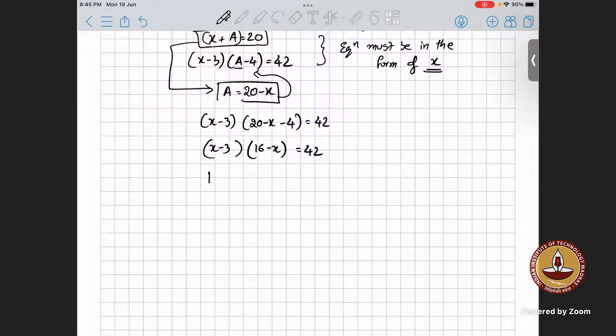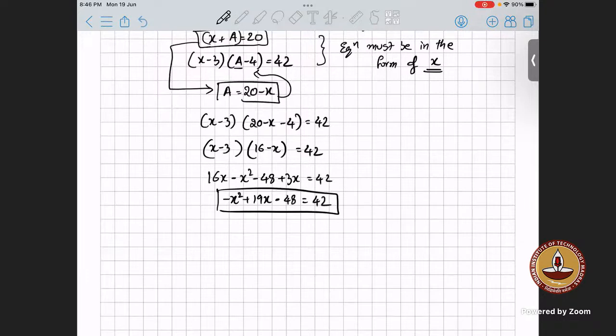Multiply this: 16x minus x square minus 48 plus 3x equal to 42, so minus x square plus 19x minus 48 equal to 42. Okay, this is option C. Agree?